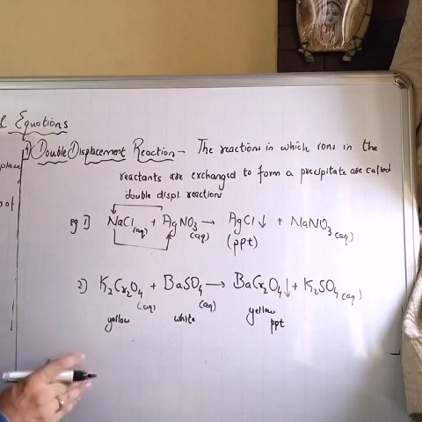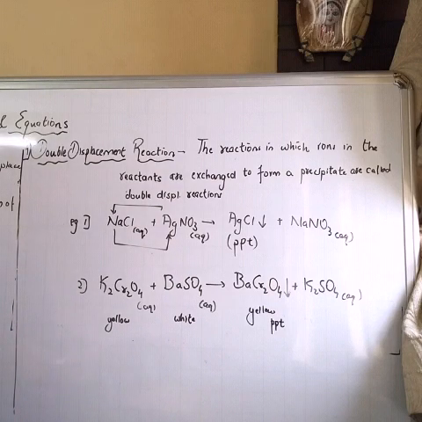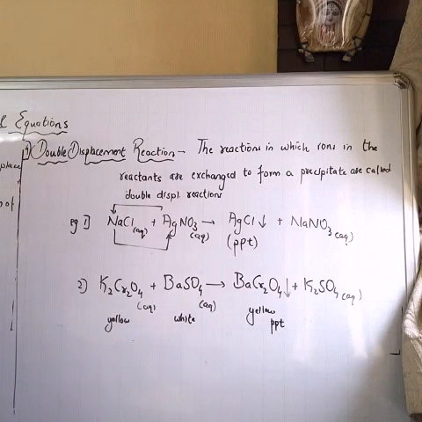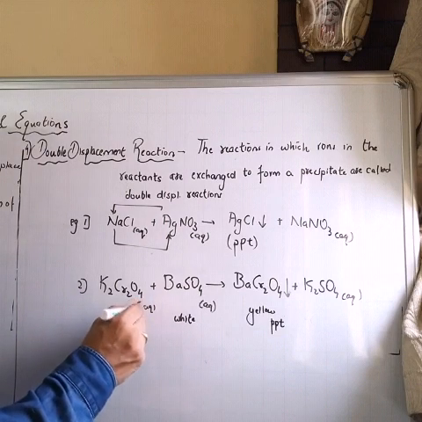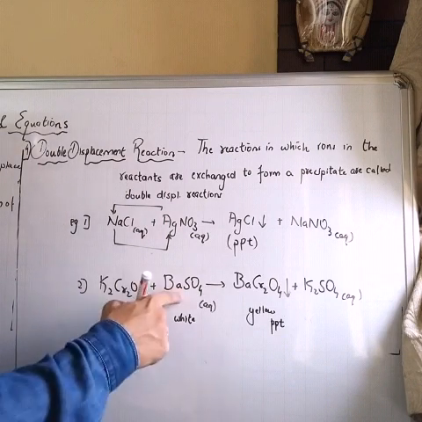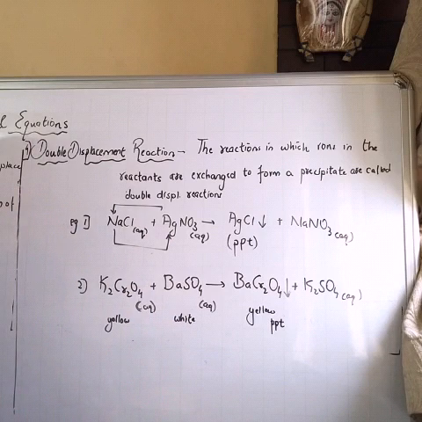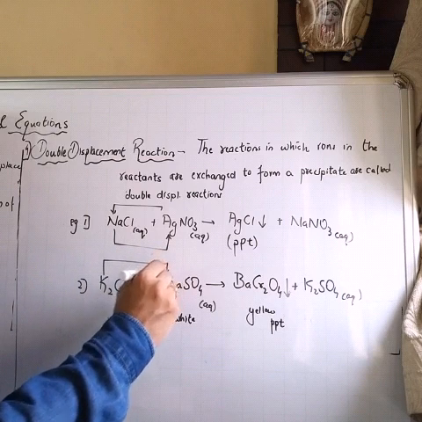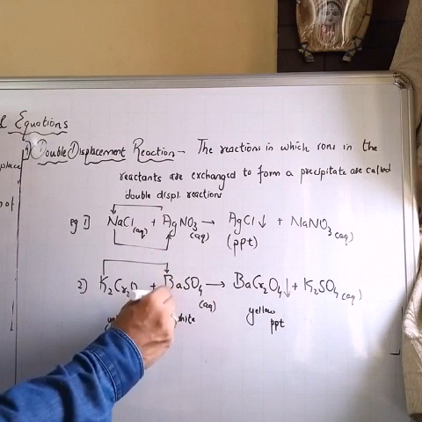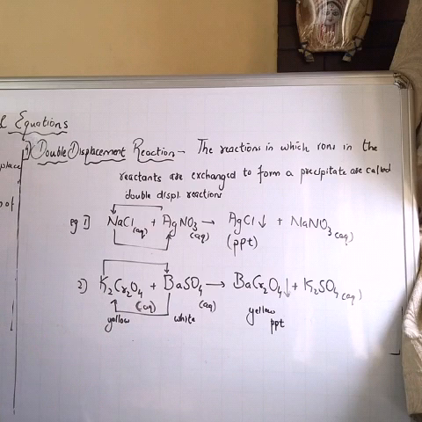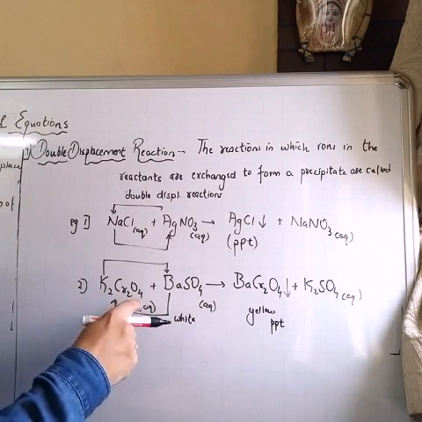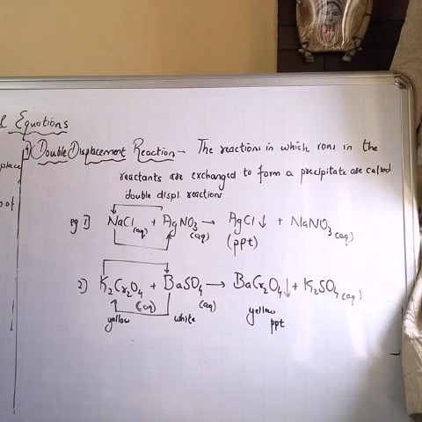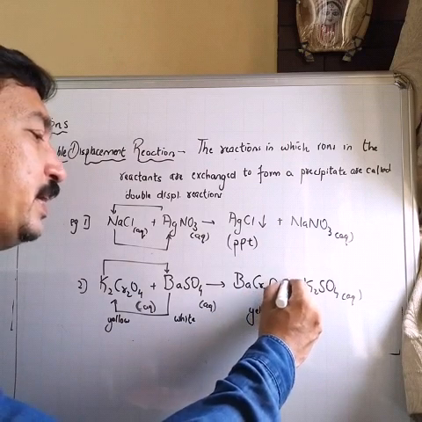The second example is the one which is asked in the activity. Potassium chromate is reacted with barium sulfate solution. Both are in aqueous state. The color of potassium chromate is yellow, and barium sulfate is white in color. Here potassium, which is highly reactive, will remove barium, and barium will take the place of potassium, so the compound formed will be barium chromate, which is nothing but the precipitate.